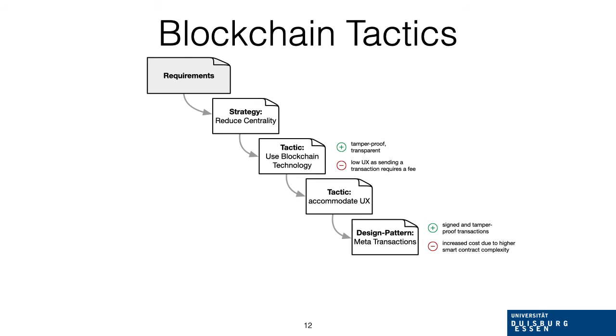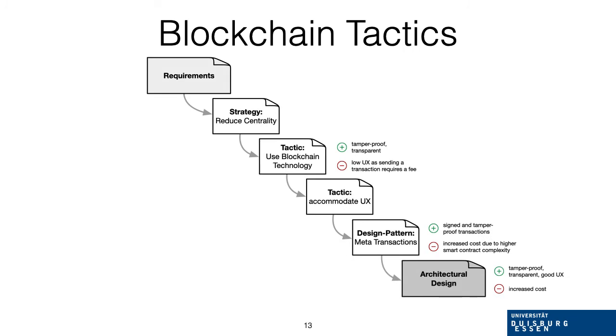So we have this advantage here that we now have signed and tamper-proof transactions by using the meta transaction design pattern, but also the disadvantage that we have increased costs due to the higher smart contract complexity, because you have this on-chain validity check of the meta transaction, in addition, of course, to paying the gas fees.